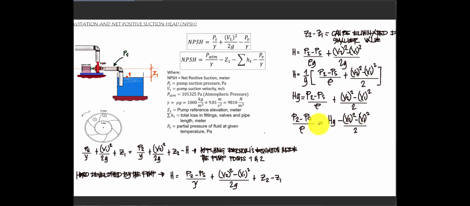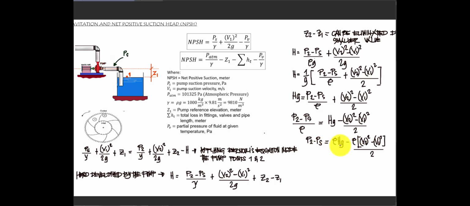Now we can transpose the density to the other side, so we rewrite the equation: the pressure 2 minus the pressure suction equals density times the head times the gravity, minus density times the velocity 2 squared minus the velocity 1 squared, all over 2.